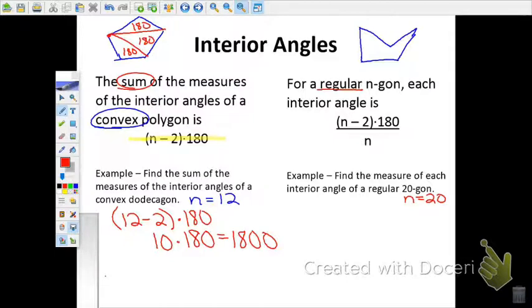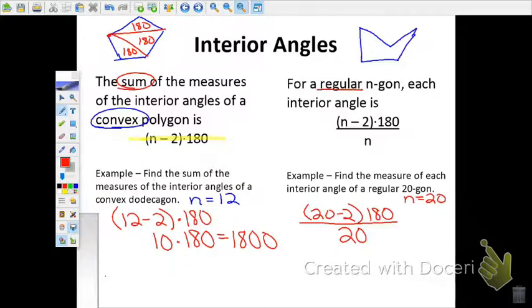So now we're going to plug that information into our formula. So we're going to have 20 minus 2 times 180, and then we're going to divide it by 20. Okay.